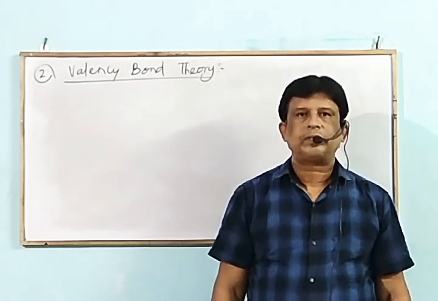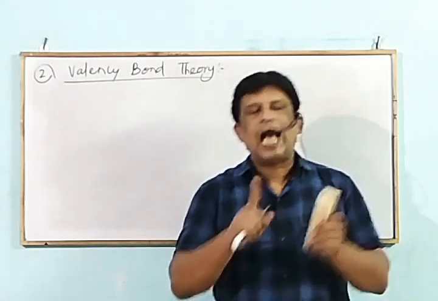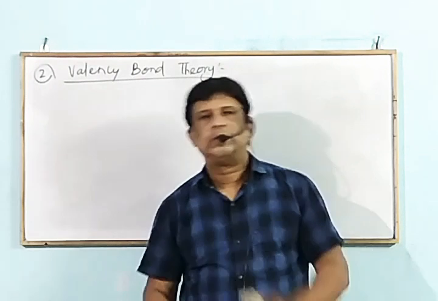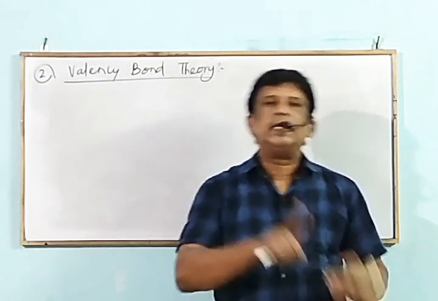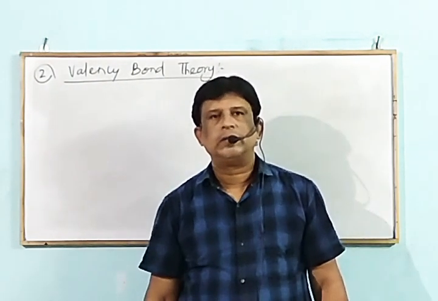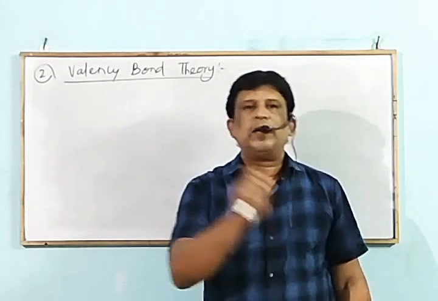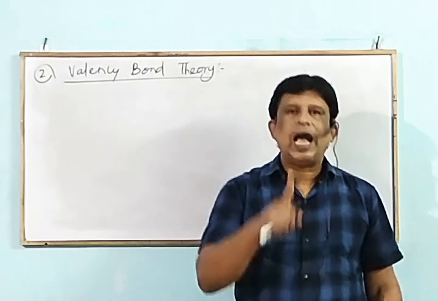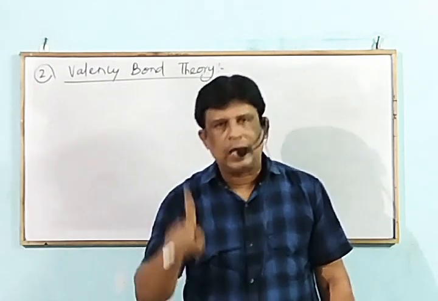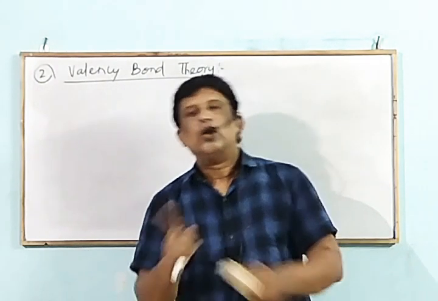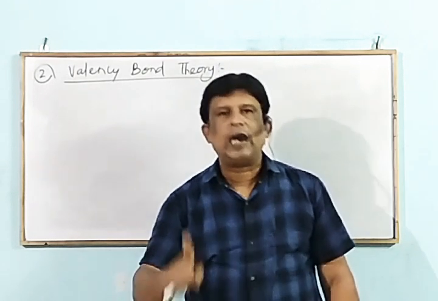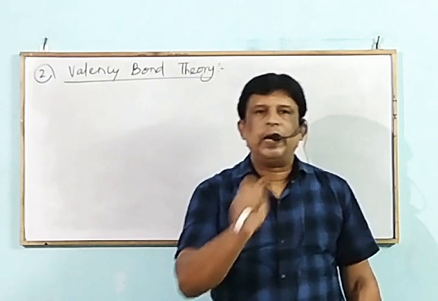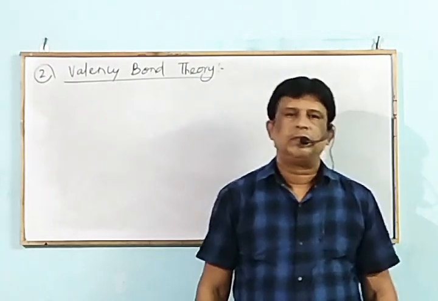Next point. The vacant hybrid orbital of the central metal atom overlaps with the filled sigma orbital of the ligand, forming a ligand-metal sigma bond. I repeat again. The vacant hybrid orbital of the central metal atom overlaps with the filled sigma orbital of the ligand, forming a ligand-metal sigma bond.